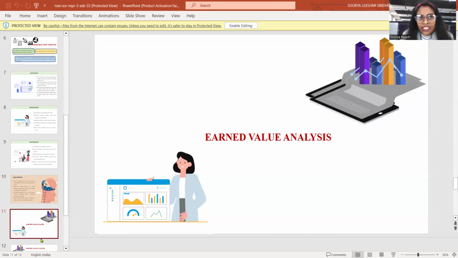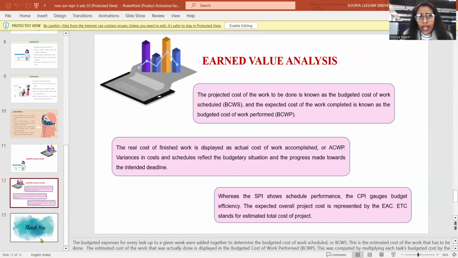So these are the main factors: budget constraints, the budget in Art Form Studio, and earned value analysis, with CV and EV. Everything is clearly shown in the Excel table in our project. This is the main part of our project. In the earned value analysis, the budgeted expenses for every task up to a given week were added together to determine the budgeted cost of work scheduled, or BCWS.